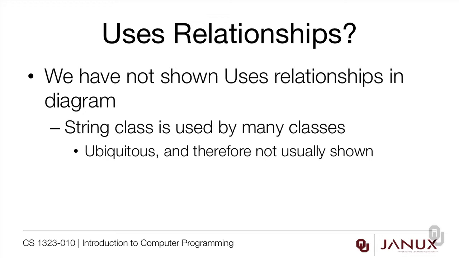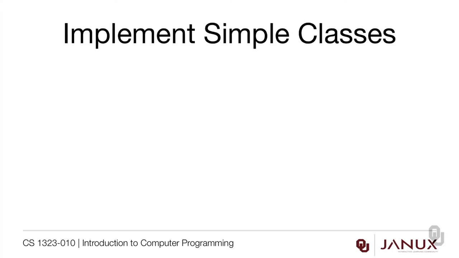It's not. It's just one more little tool that we use. And so there's a lot of judgment that's involved in what we show and don't show. So a lot of uses relationships don't actually get documented. The ones that need to be documented are the important ones. The ones where you have a big important class that's just used in another class. This program doesn't happen to have any of those, and so you're not going to see any uses relationships documented.